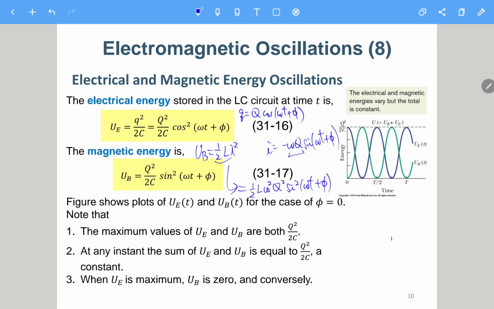Okay, of course here they are a little bit different. This is 1/2 L omega squared Q squared, and this is Q squared over 2C.